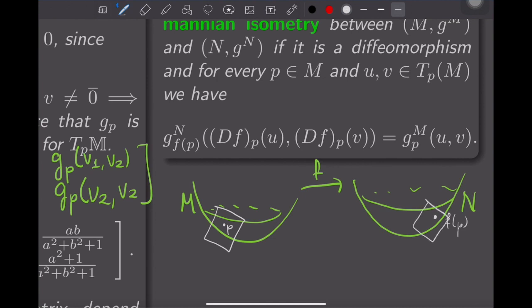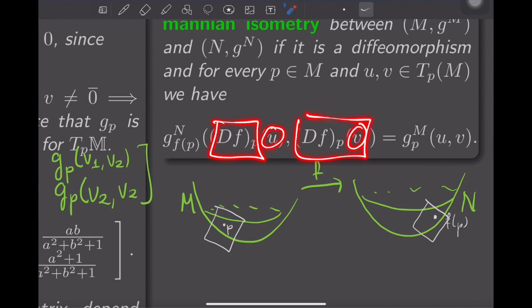And then here I have Minkowski's form with which I can pair the two tangent vectors. Or I can take the image of those vectors under their derivative and see how they are paired here.